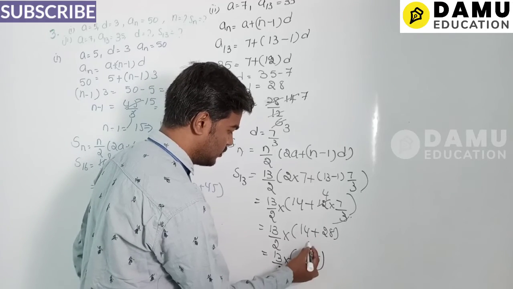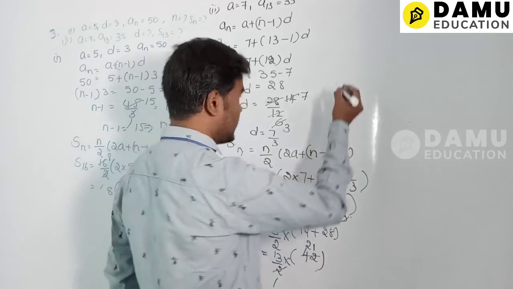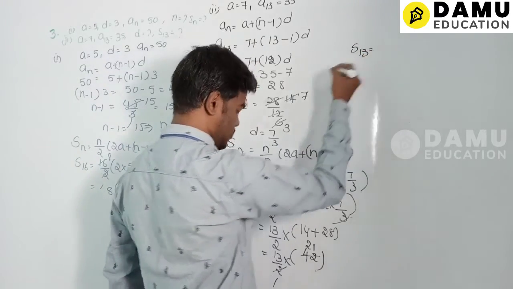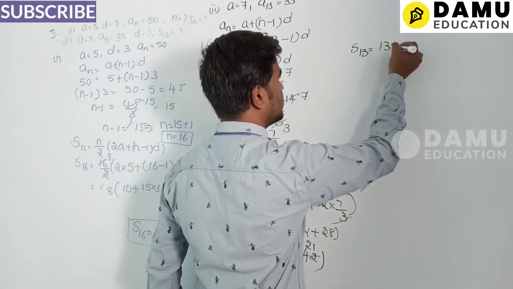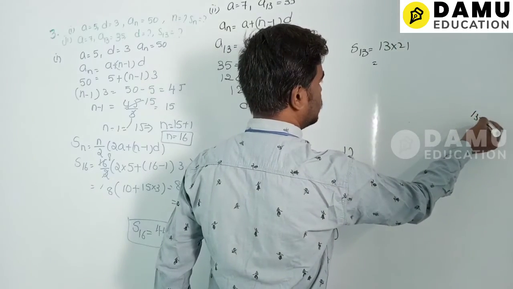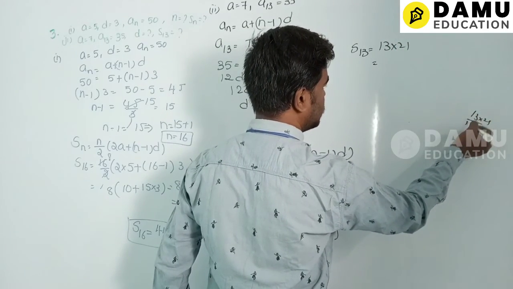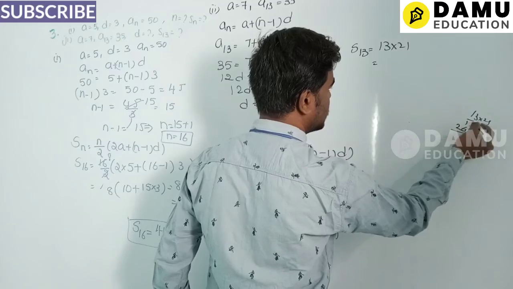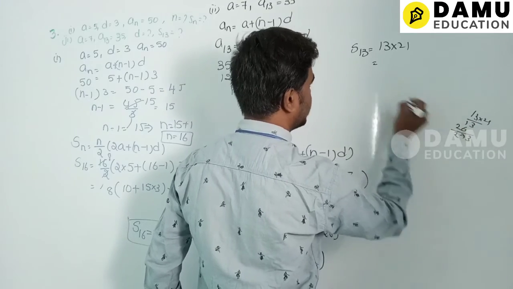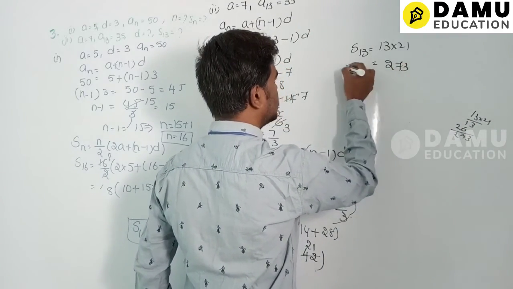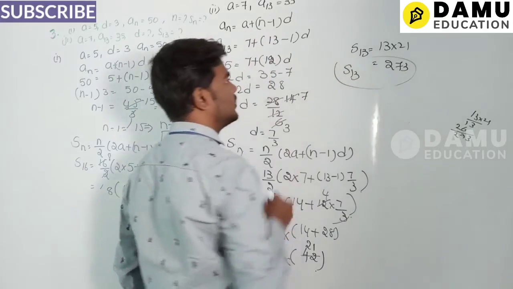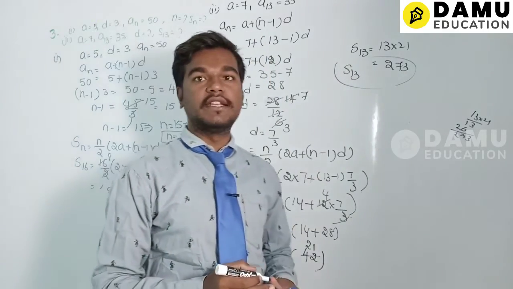So 2 1s are 2, 2 21s are 42. So what is S13? S13 will be equal to 13 into 21. So 13 into 21: 3 1s are 3, 1 2s are 2, 6, 2 1s are 2, 2 3s are 6, and 2 plus 2 is 3, 7, 273. So the sum of 13 terms will be equal to 273.